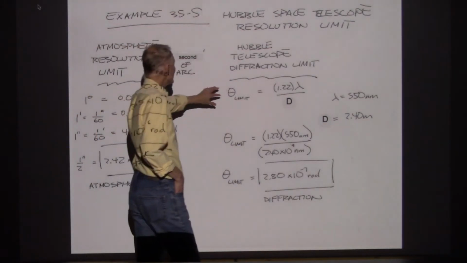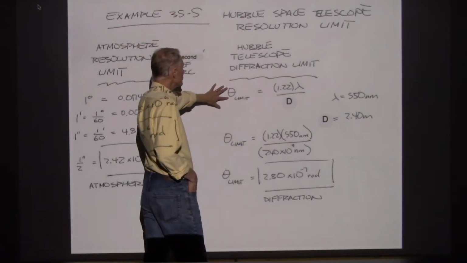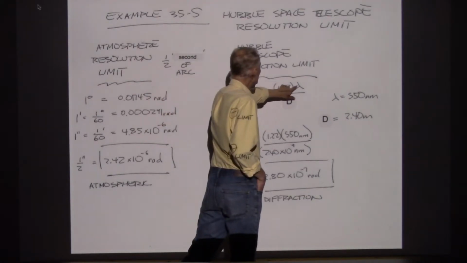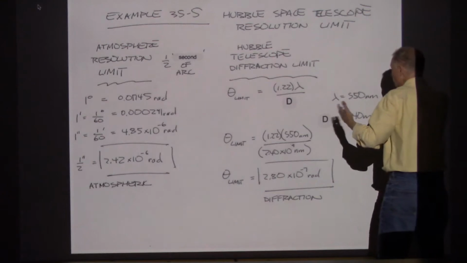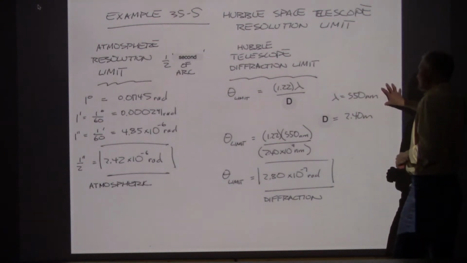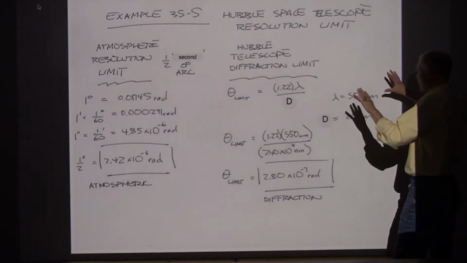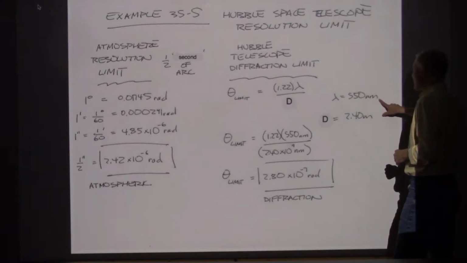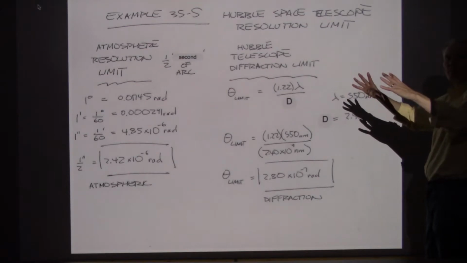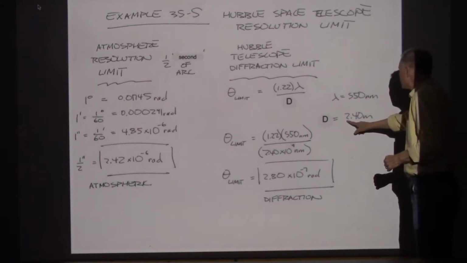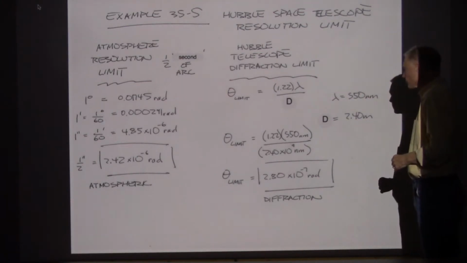Well, let's take a look. So here is the limit of resolution. It's going to be given by 1.22 times the wavelength over d. And what they told us is the wavelength, let's think about the green central part of the spectrum, 550 nanometers, and the diameter of the sample of light coming in is 2.4 meters.